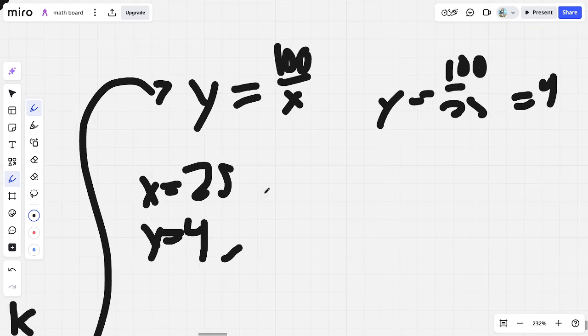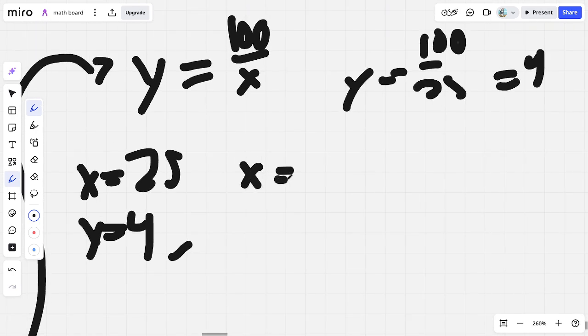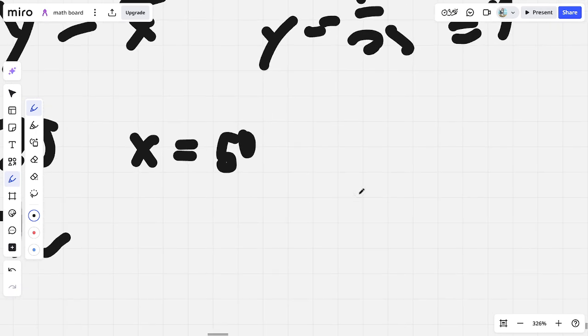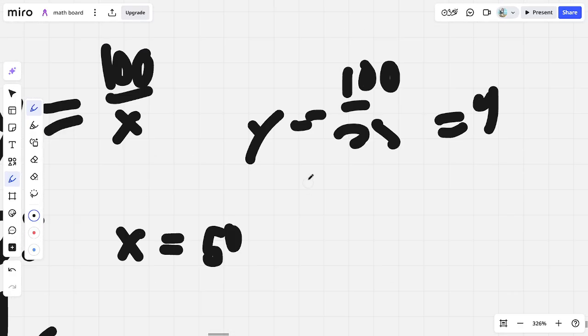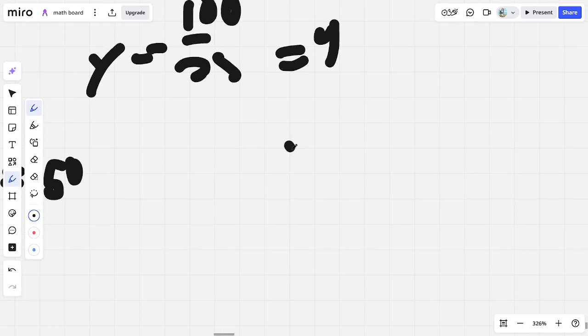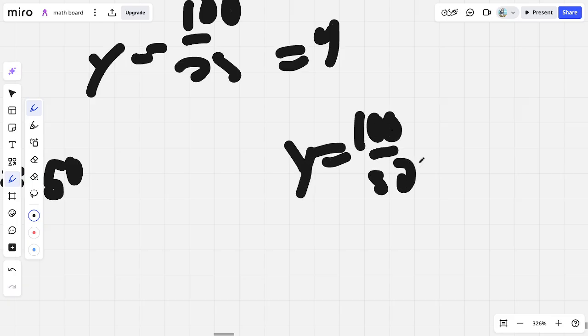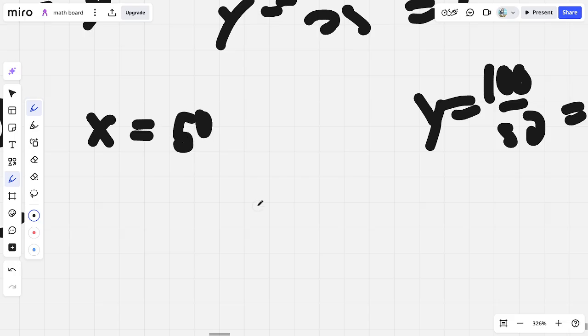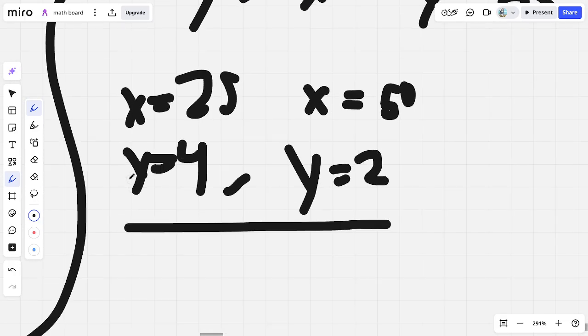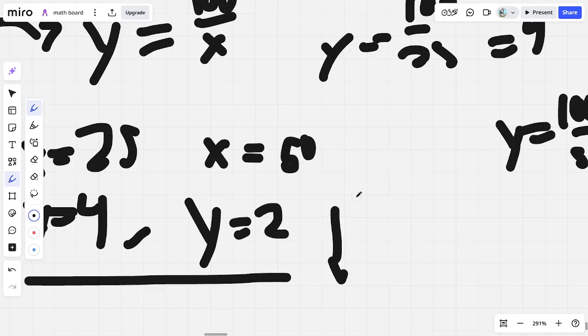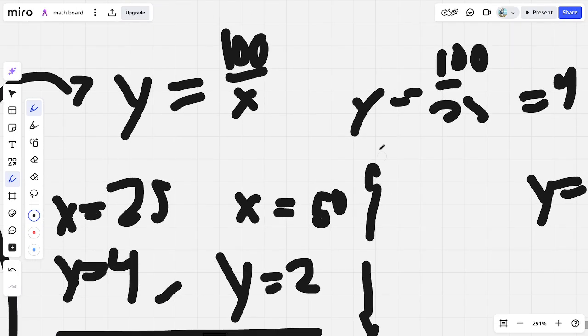And then let's say x is equal to 50. So y is equal to 100 over 50, which is 2. You can see that the y is going down whilst the x is going up.